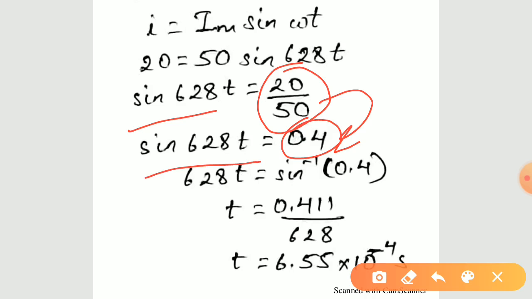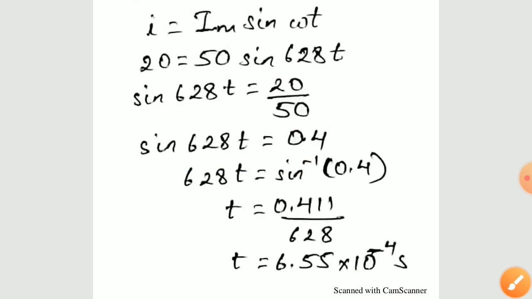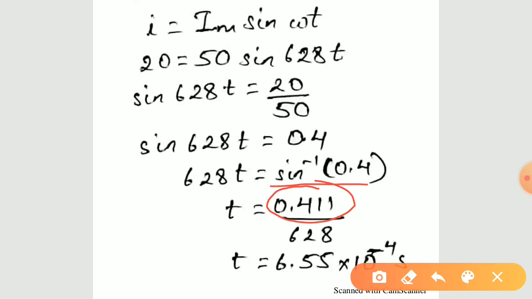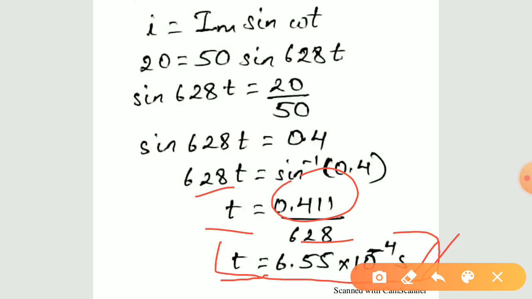Taking sine to the other side of equal to, we have 628t equal to sine inverse of 0.4, which is equal to 0.411, and t is equal to 0.411 upon 628, which is t equal to 6.55 into 10 to the power minus 4 second. So the time taken by current to reach 20 ampere is 6.55 into 10 to the power minus 4 second.